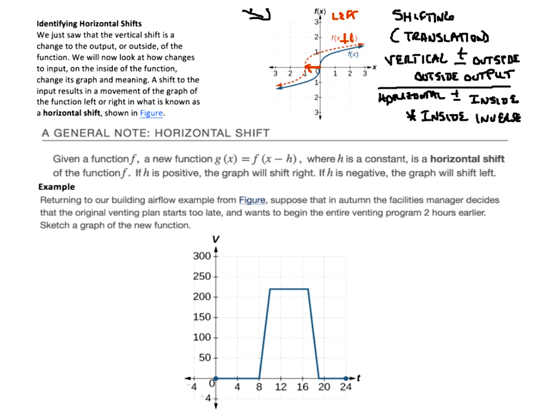Intuitively, you would think that you needed to subtract that value for it to move left, but you don't. You do the inverse when you're on the inside. So if I add 1 to the input value on the inside of the function, which is the x, then I'm actually going to move everything left 1, and this happens on the x value. So this is the input.